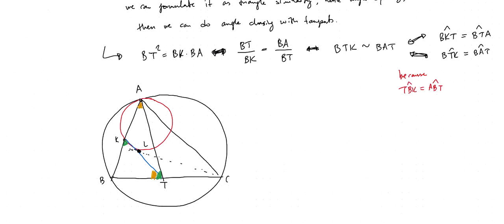But I don't know another vertex on the red circle. So at some point it's clear that I will have to define some extra point. So which one is the best thing?